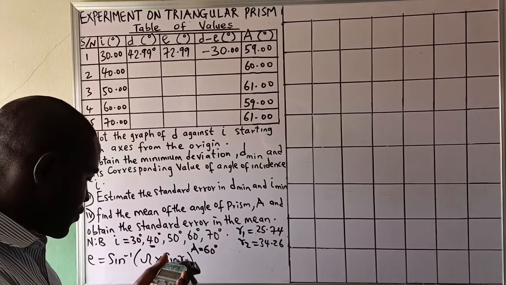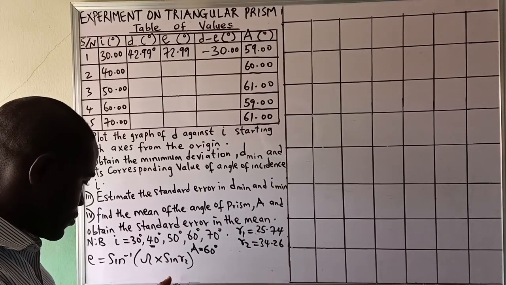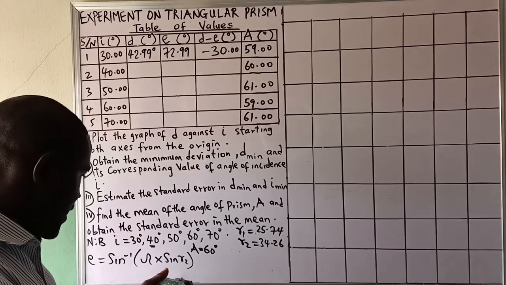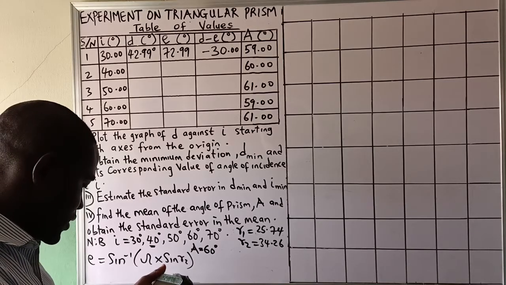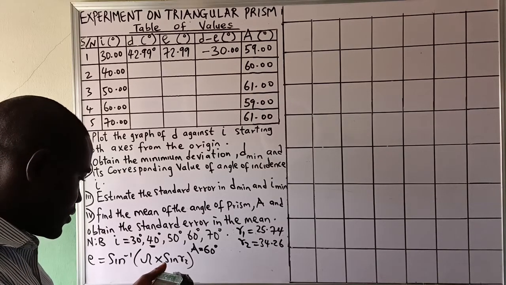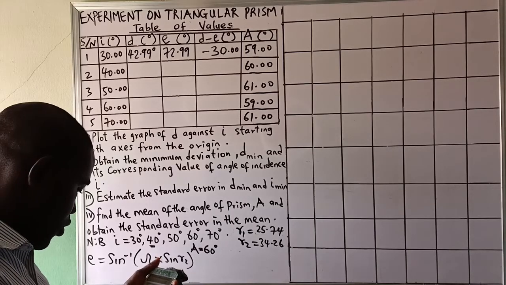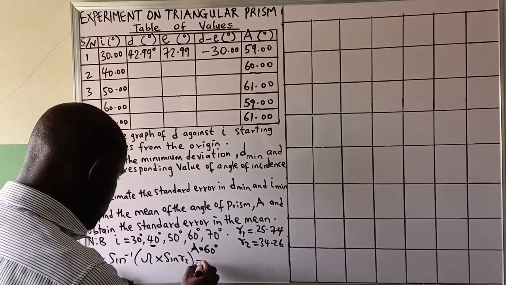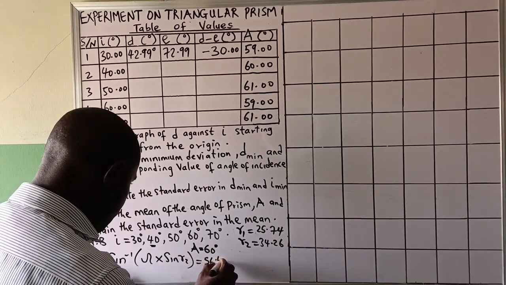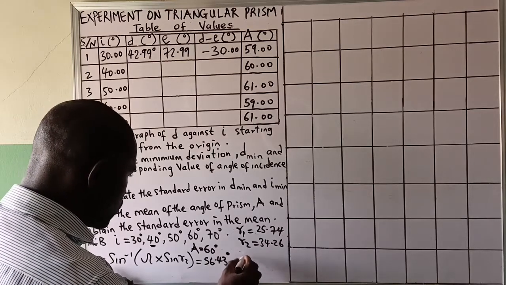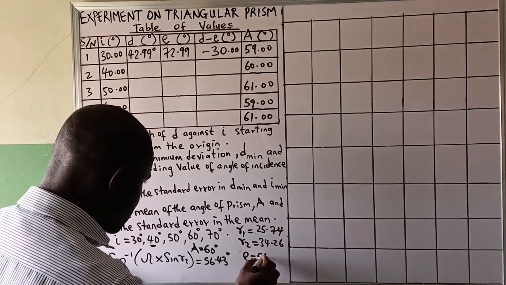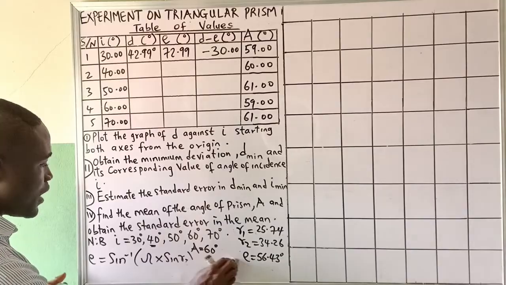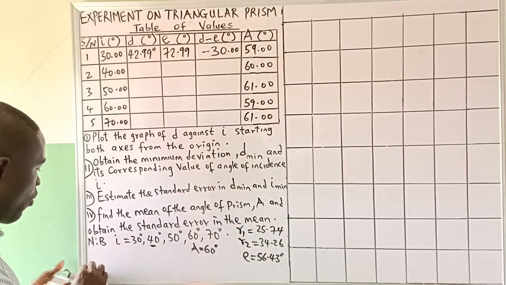We now say shift sine bracket 1.48 times sine 34.26. That will be giving us 56.43 approximately. So we say our E is equal to 56.43 degrees. Then after getting your E, we now go straight to get our I and our D.